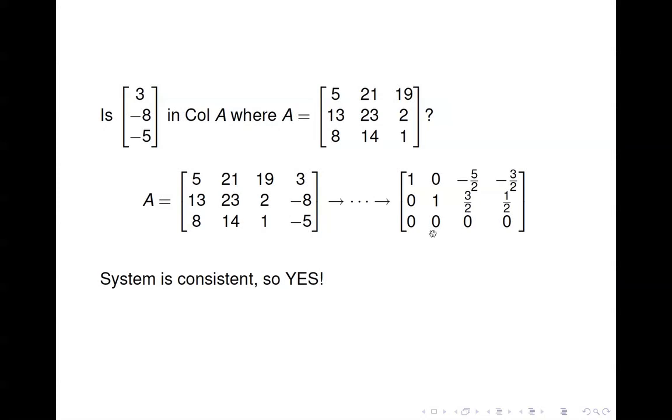And the answer is yes, because we have no rows 0, 0, 0, something not 0. The fact that we have a row of all zeros is really irrelevant. The fact that we have a free variable is irrelevant. The only thing that's relevant is that we don't have a row that's 0, 0, 0, not 0, because that would tell us it's inconsistent. So since the system is consistent, that means that this vector is indeed in the column space of A.